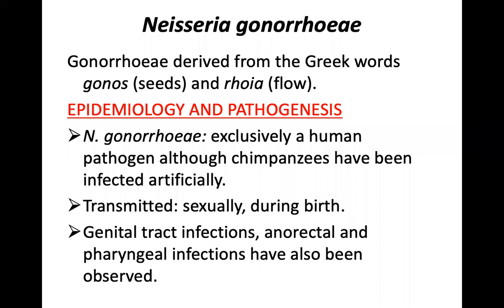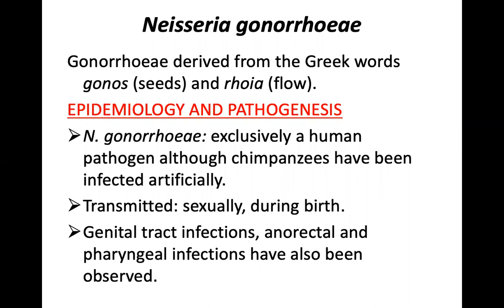As for the mode of transmission, this is an STI, so transmitted sexually and also during birth, as the baby passes through the vaginal canal of a female who has active infection, presence of discharge. The baby can get infected when the mucous membrane from the eye gets into contact with the discharge from the mother.